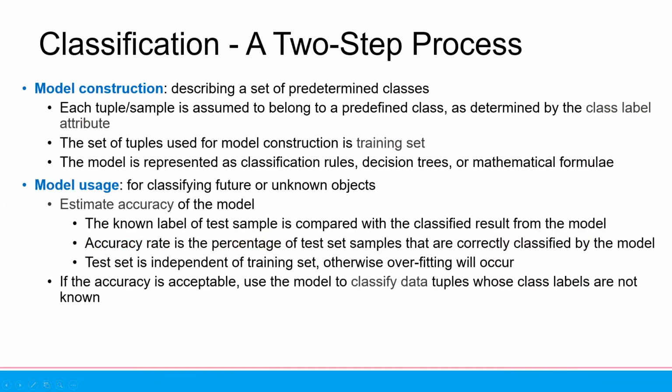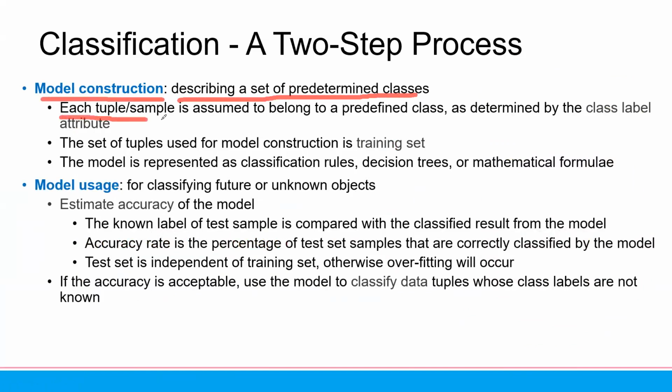When we do the classification, there will be two steps. The first step is to construct the model, or we call it model construction. It is to describe a set of predetermined classes.